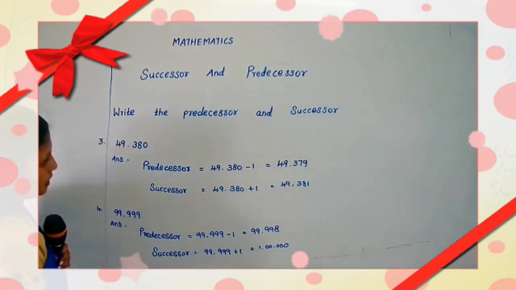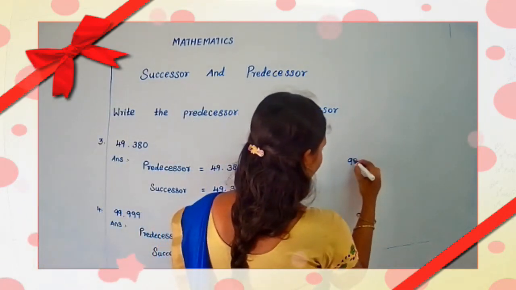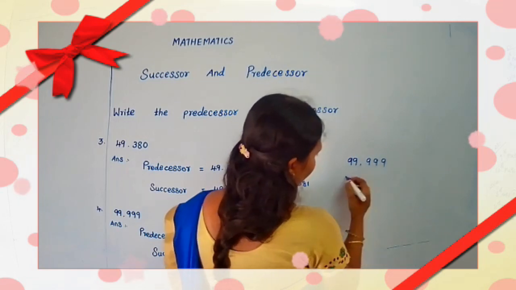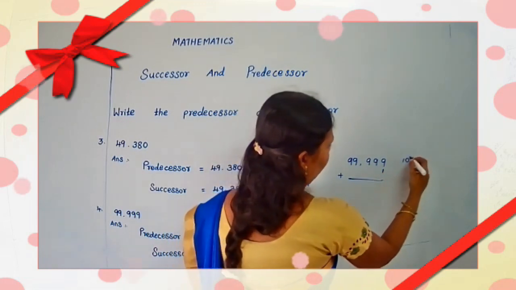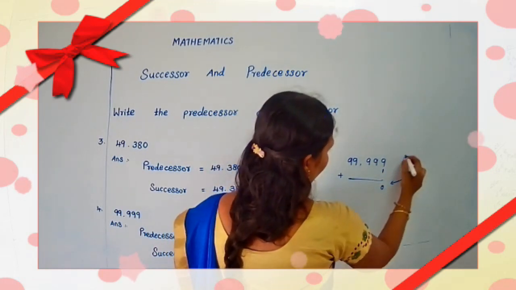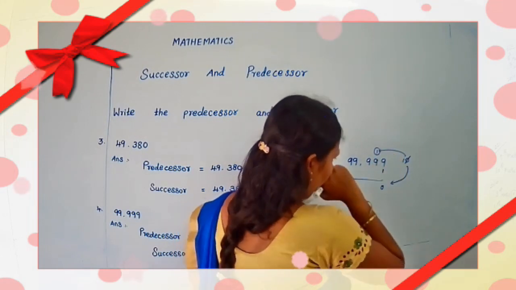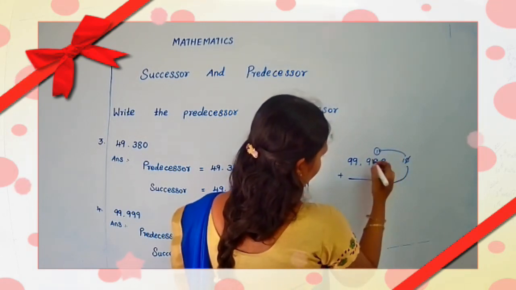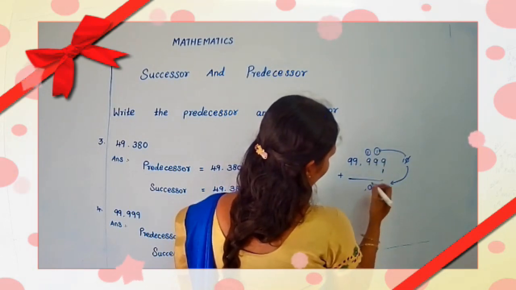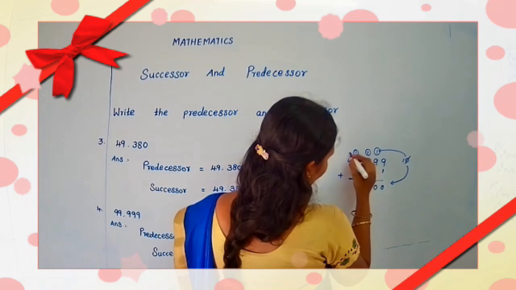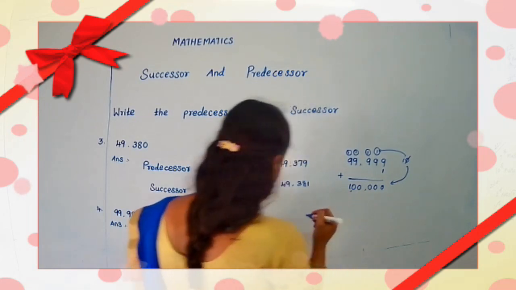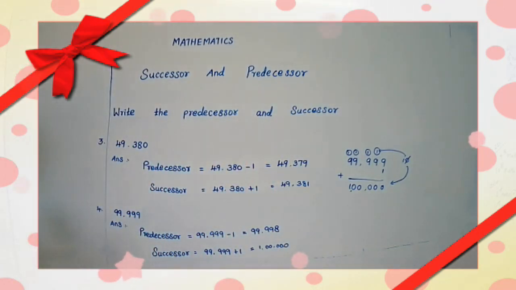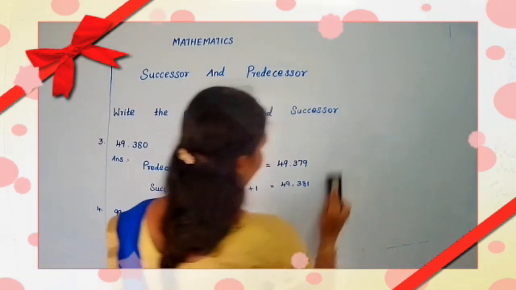Okay, if you add 1, see here, 99,999. We are adding 1. Okay, ma? 9 plus 1, 10. You cut and write 0 here. Remaining 1 you carry to the next column. Each time 9 plus 1, 10, 0, remaining 1. Okay. 1 left. So no need to write.